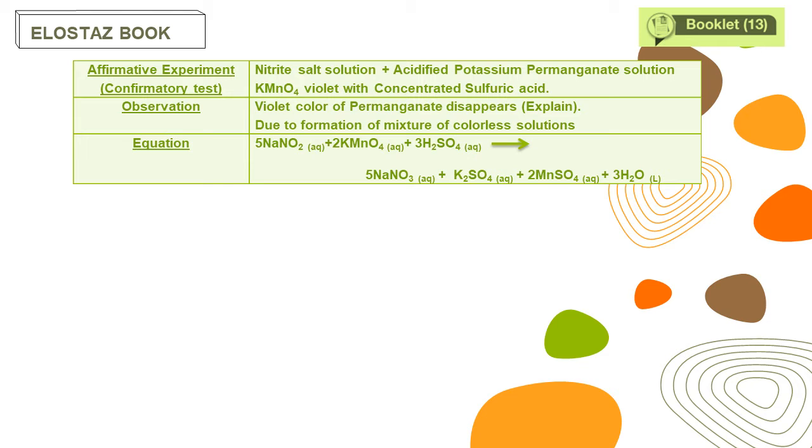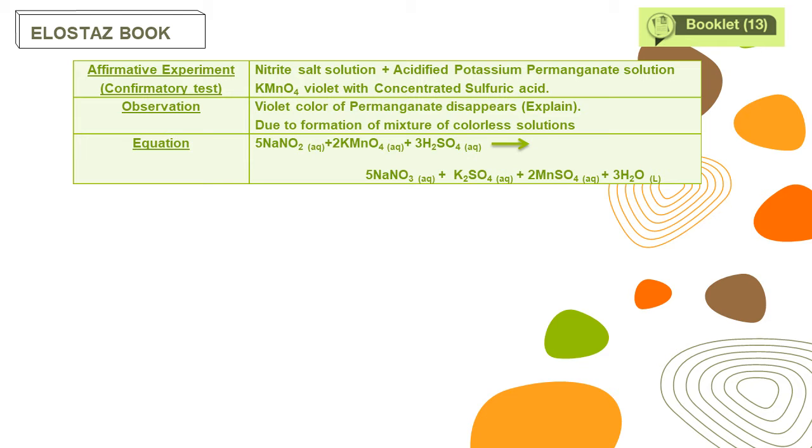So the effect at the end is the disappearance of the violet color of permanganate, due to the formation of a mixture of colorless solutions from the nitrite salt, or due to the release of NO2 gas.